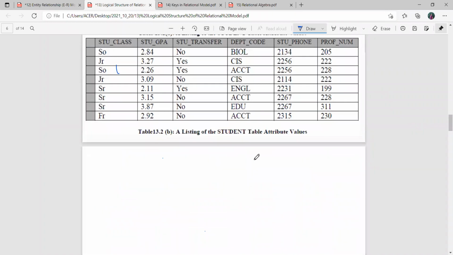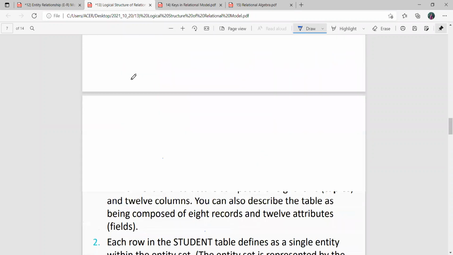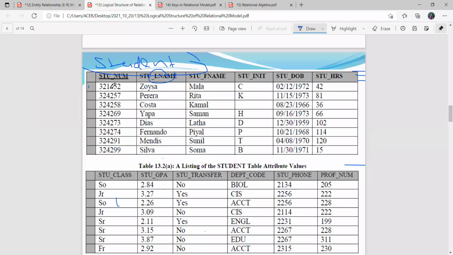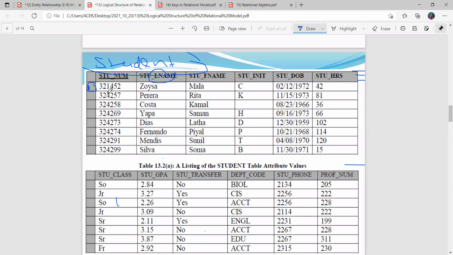When we consider the rows, you can see each row describes the value set for the given attributes. This row describes the value set for the attributes of a particular entity.